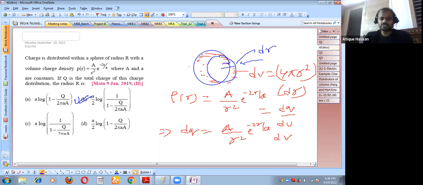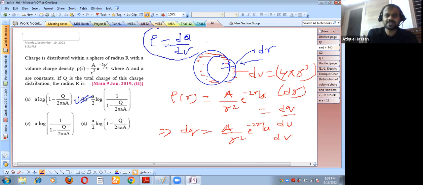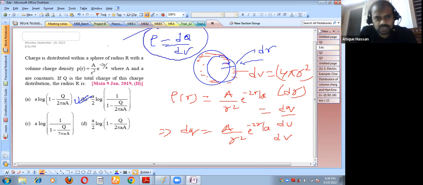Physics is not much involved here, basically mathematics is involved. You have to apply the concept. The physics is only that rho is equal to dq by dv. Then after that we have mathematics. You have to put the value of rho, then integrate it, and you will get q. Then from that you can find R. So this was the basic concept behind that.